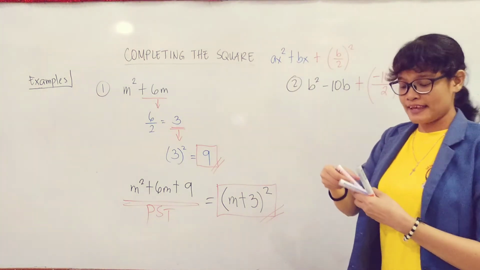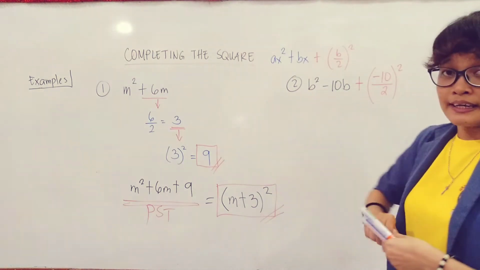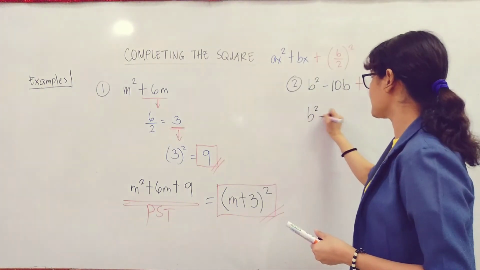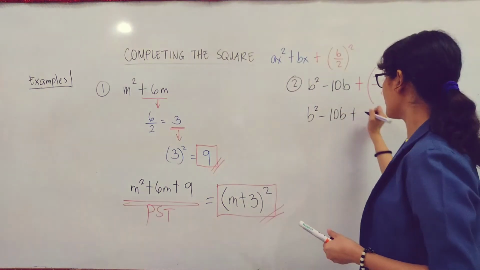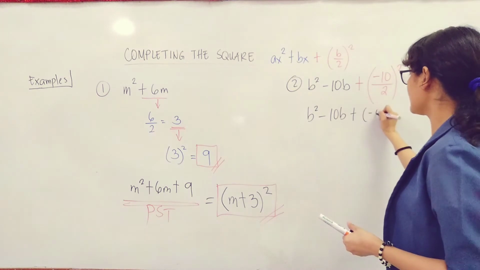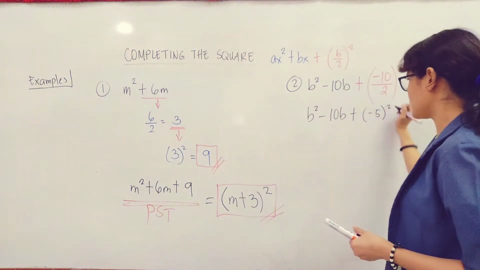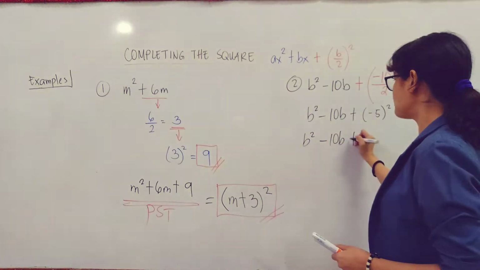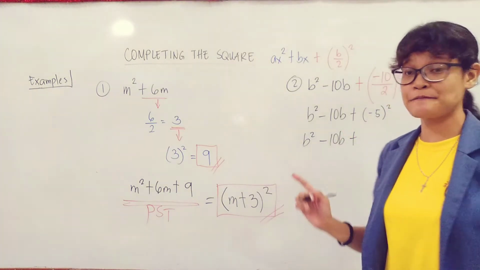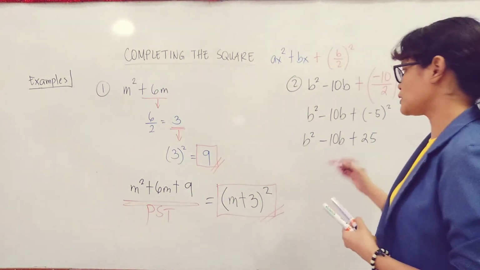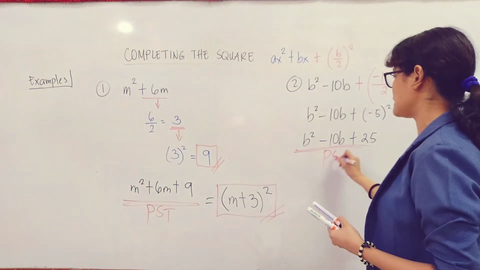Alright? You follow? Next. So, i-simplify lang natin itong nandito sa parenthesis. So that gives us b squared minus 10b plus negative 10 divided by 2 is negative 5 squared. This is equal to b squared minus 10b plus negative 5 times negative 5 is positive 25. And again, the resulting trinomial is a PST.